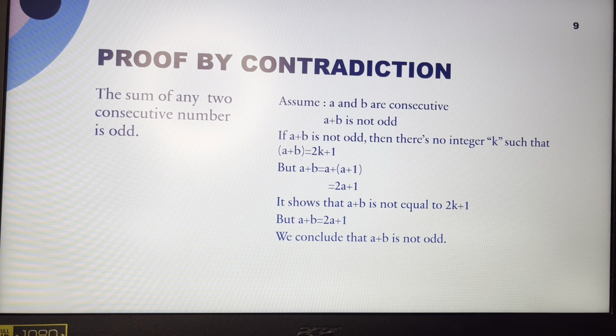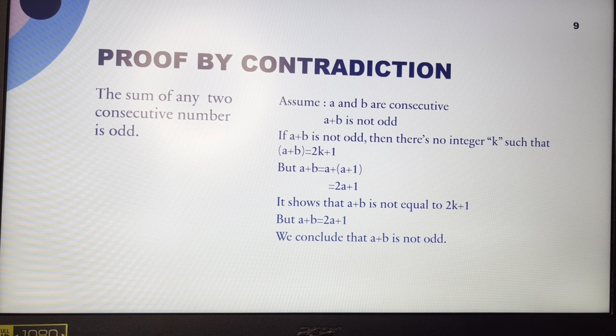But because we use the contradiction, we need to contradict the statement. So we assume also that a plus b is not odd. If a plus b is not odd, then there's no integer k such that a plus b equals 2 times k plus 1.